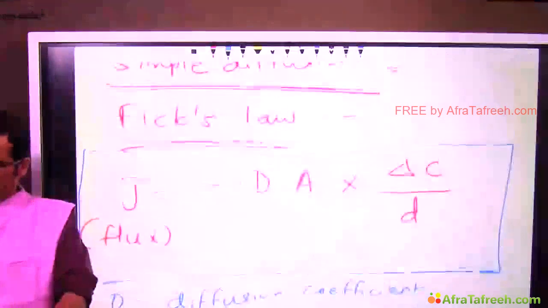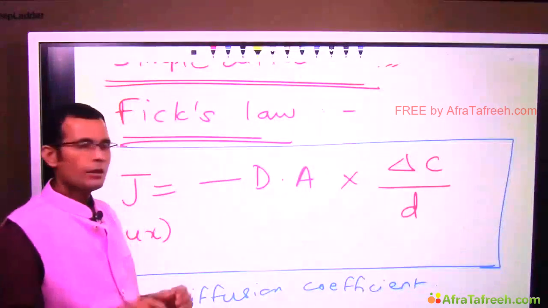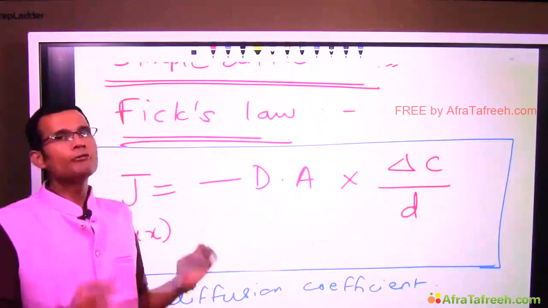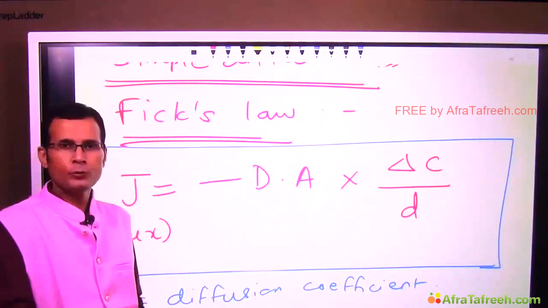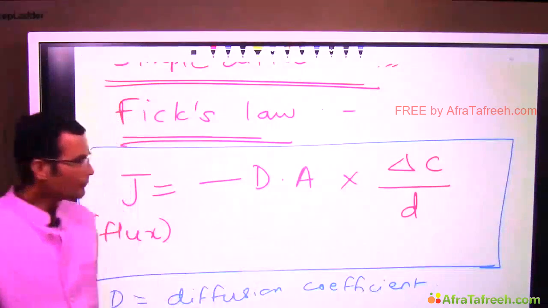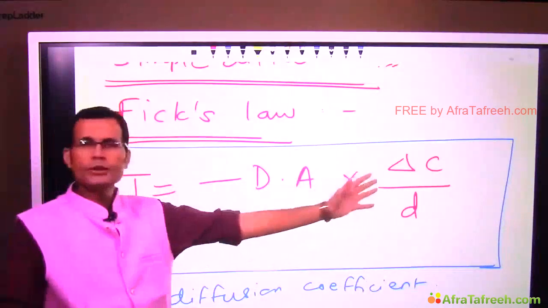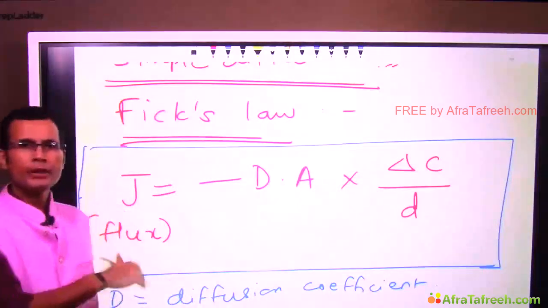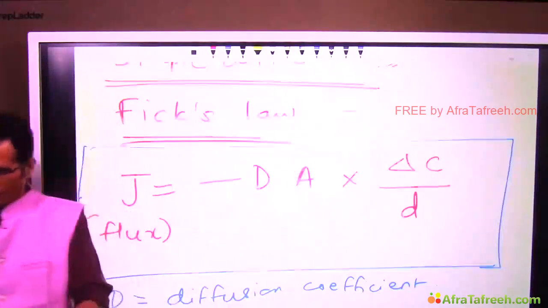So, if I were to ask, the rate of simple diffusion is inversely related to thickness of the membrane or diffusion distance. The other factors, rate of diffusion will be directly proportional.